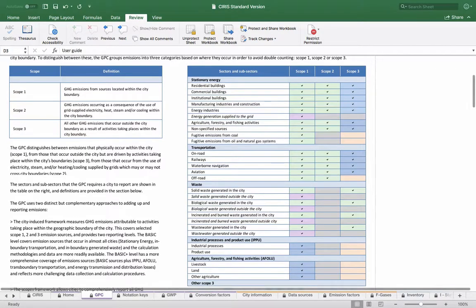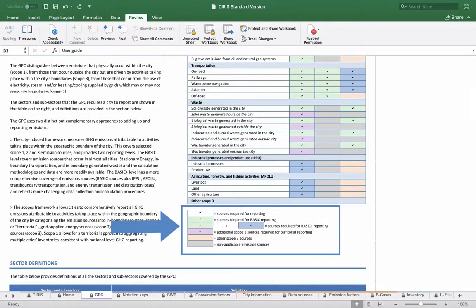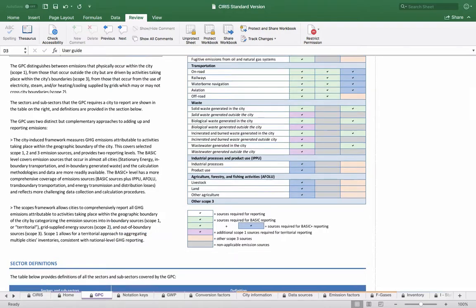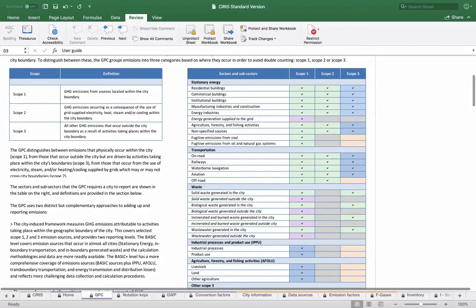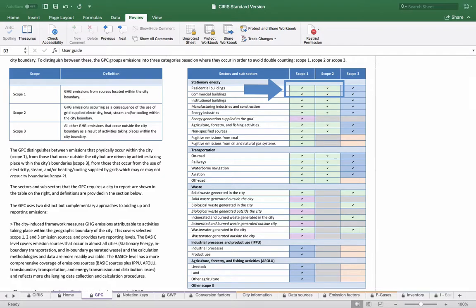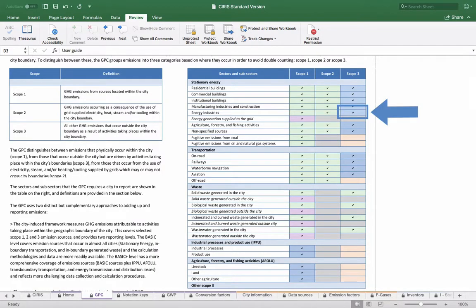This table is colour-coded depending on what is required for each reporting level, according to this legend or key. As we can see in this table, sources and scopes required in a basic inventory are colour-coded in green. For a Basic Plus inventory, they are colour-coded in blue.